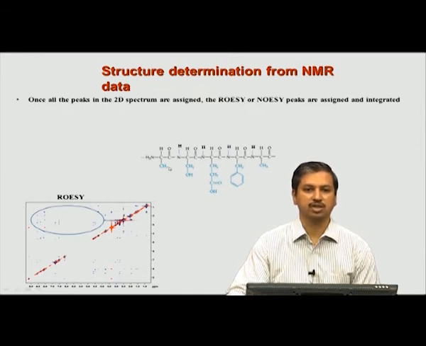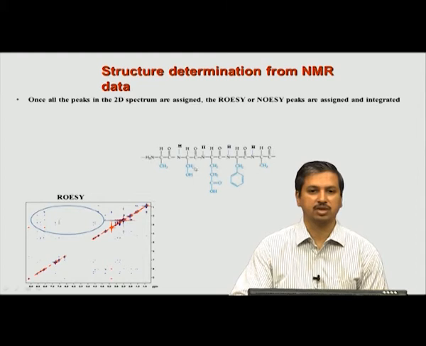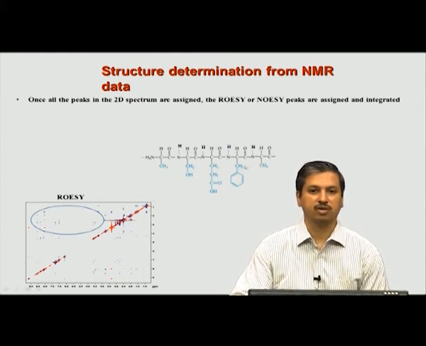If you look at this sequence here, an arbitrary sequence, I may see different correlations between different atoms. So, let us classify these different correlations. Number 1: suppose you see a correlation between atoms in the same amino acid. This is alanine, and within alanine we see, let us say, a correlation between H alpha and H beta.